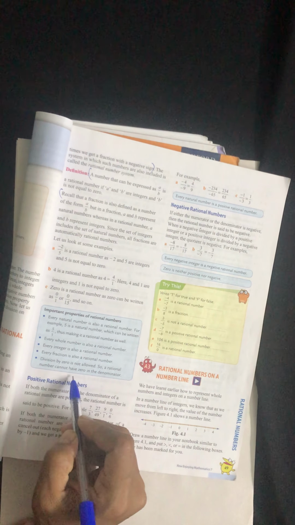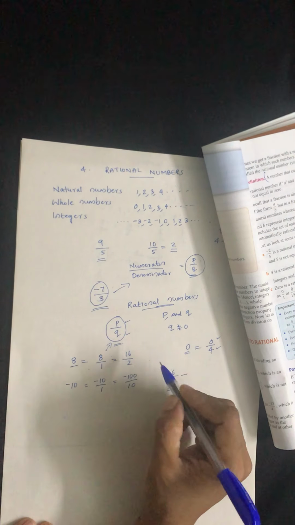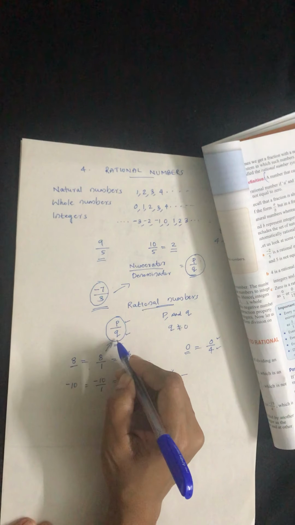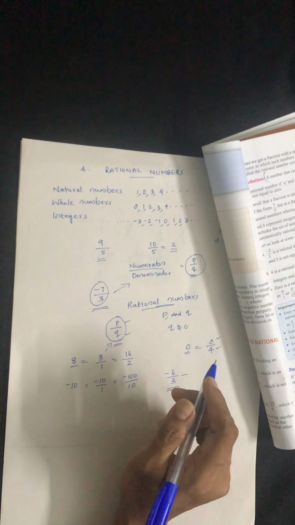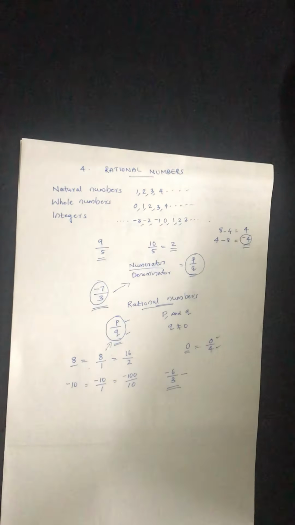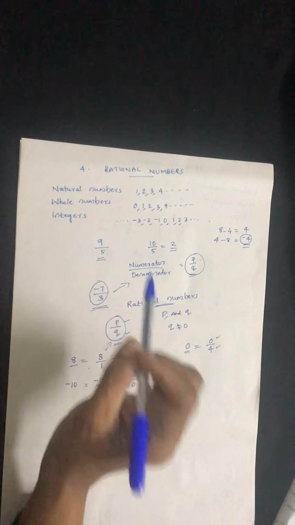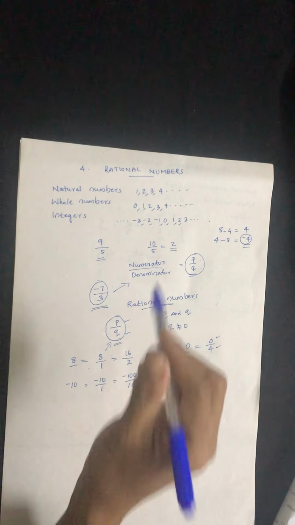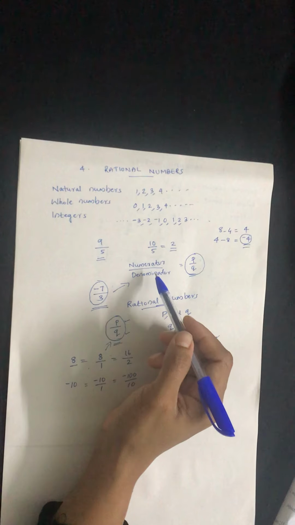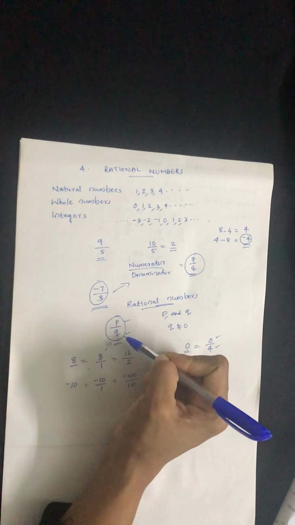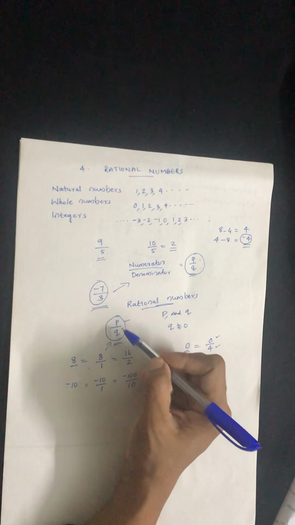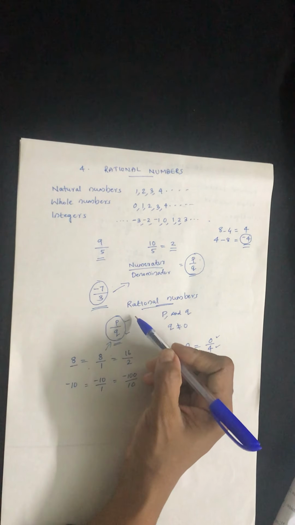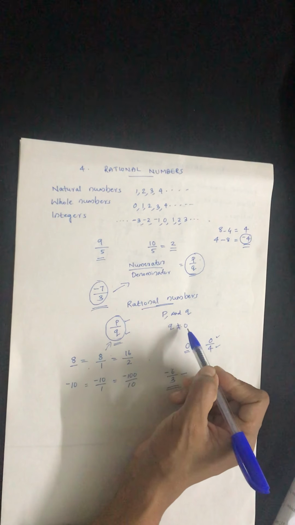Next, division by 0 is not allowed. So a rational number cannot have 0 in the denominator. That is the only condition. So what we discussed today: rational numbers. Rational numbers are a set of numbers which can be expressed in the form of p by q, where p and q are any integers and q is not equal to 0.